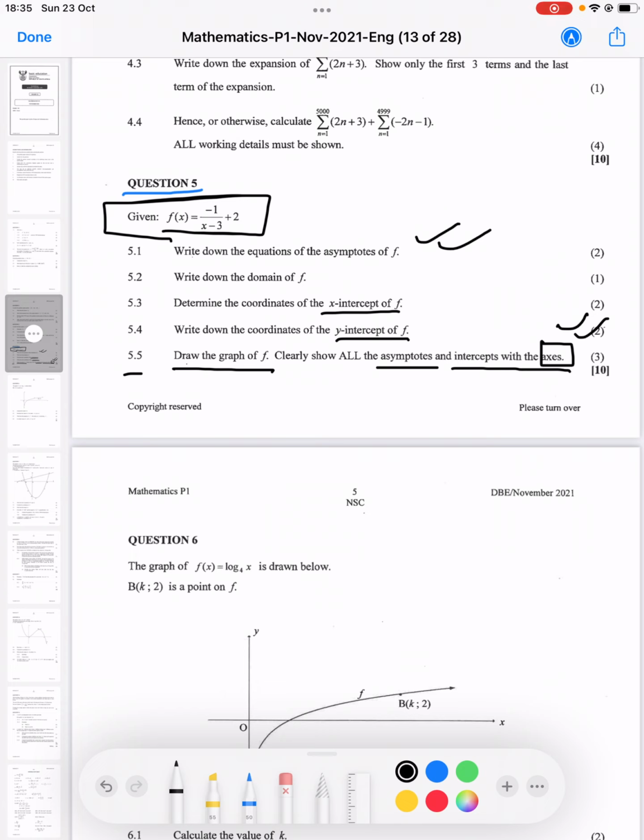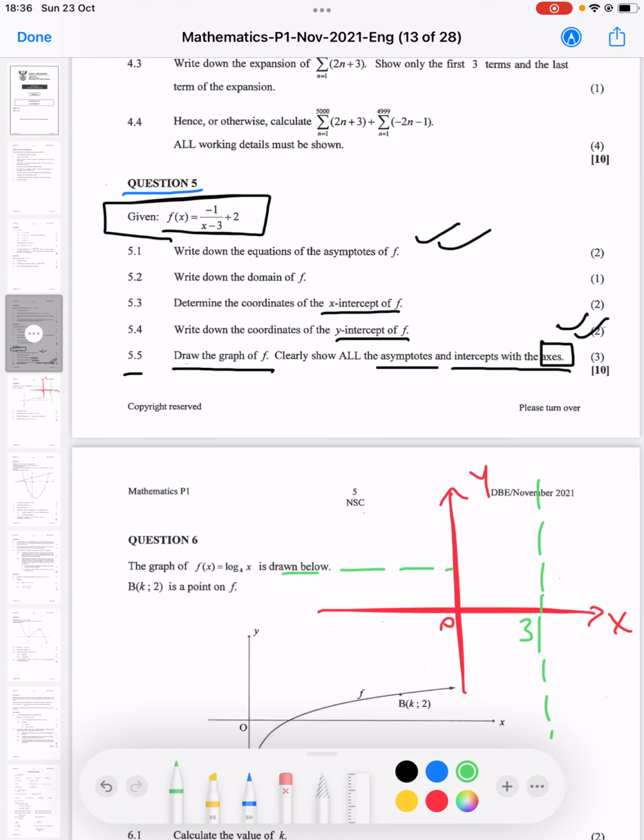Most importantly, you start with the Cartesian plane when you draw a function, the x and the y. You know this is the origin there. Now you do the asymptotes. Let me just have enough space there to say you are having one of your asymptotes there, and then you have another one there, 2 there.